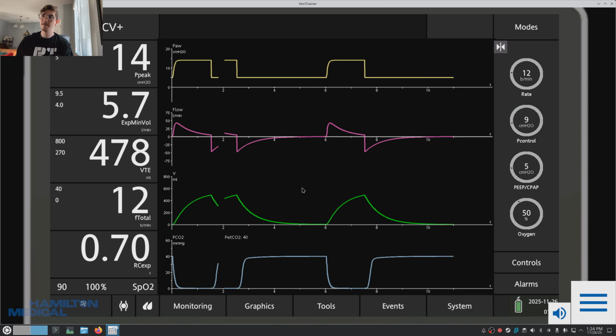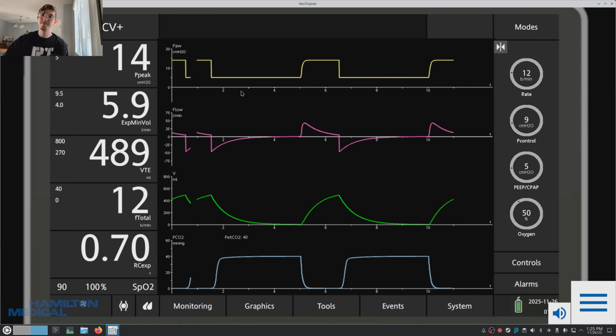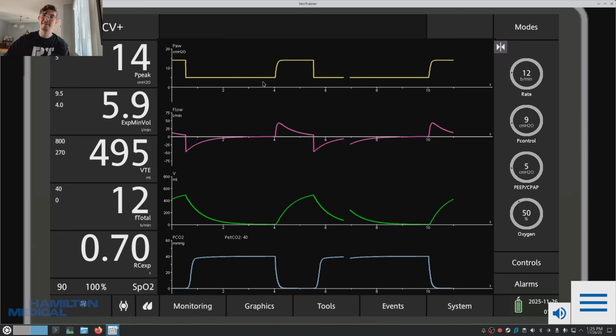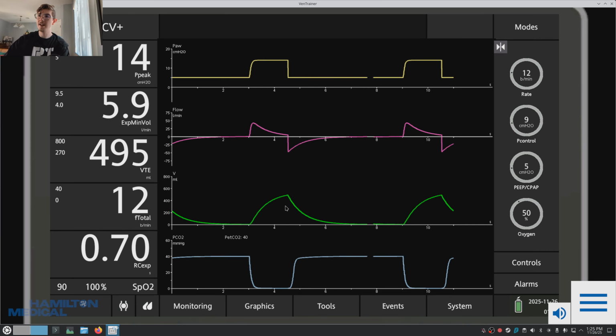With this mode, the reason why flow is decelerating is because the pressure at the airway opening is constant. And there's a pressure gradient between the airway opening and the alveoli. At first, that's a really big gradient, so the air starts to flow into the lungs and fill a volume.